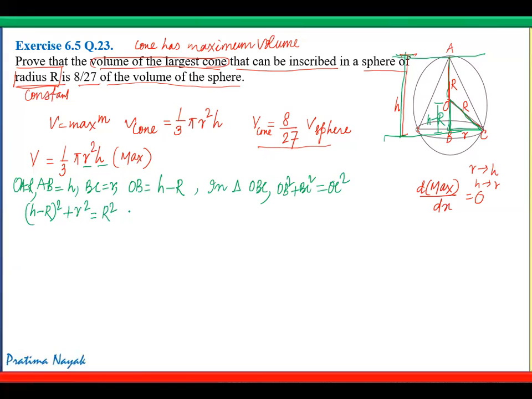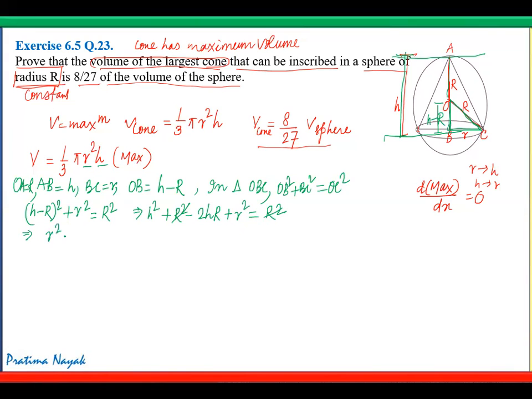OC square is H square plus R square minus 2HR plus R square is equal to capital R square. I'll cancel these two, and this gives me r square.